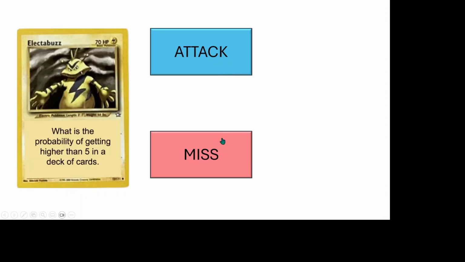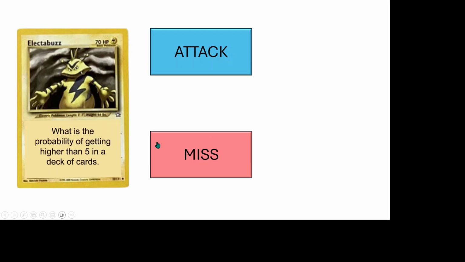Next, what is the probability of getting higher than 5 in a deck of cards? So, again, the cards are numbered from ace to 2 to 10, then Jack, Queen, King. And Jack, Queen, King are all considered higher than 10, although they are not numbered.